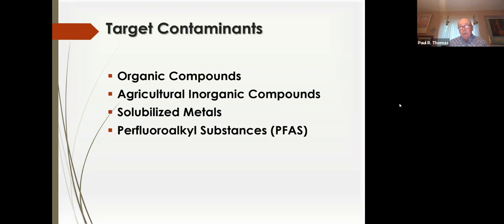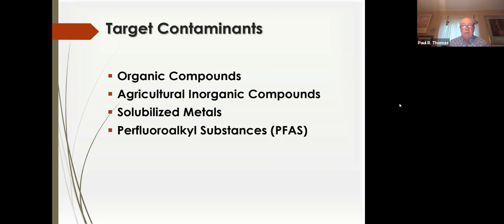There are semi-volatile organic compounds that are more tar-like substances that are good targets for phytoremediation, particularly if they're in relatively shallow soil. Agricultural inorganic compounds is just a mouthful that generally applies to fertilizer. Phytoremediation can be an ideal way of dealing with excess nutrients in shallow groundwater or in soil for that matter.